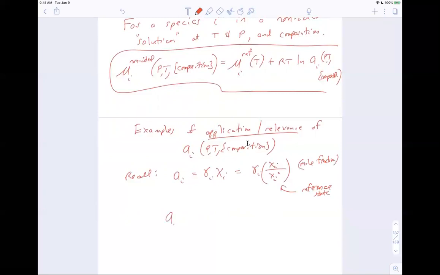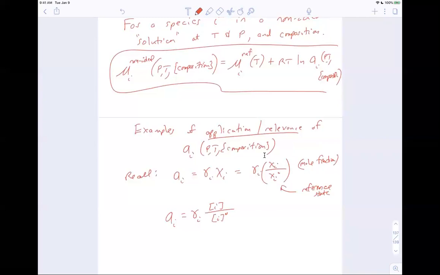We can also use concentration, and I'll use these brackets to represent molarity. So that's the concentration of i in molarity divided by the concentration of i in molarity in the reference state, and we'll put the superscript 0 here.